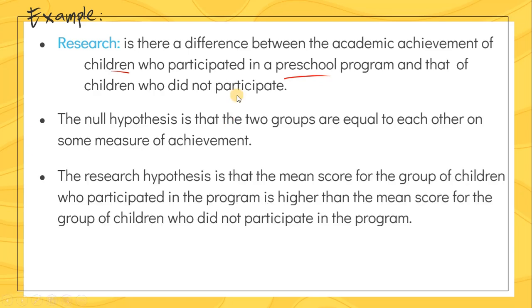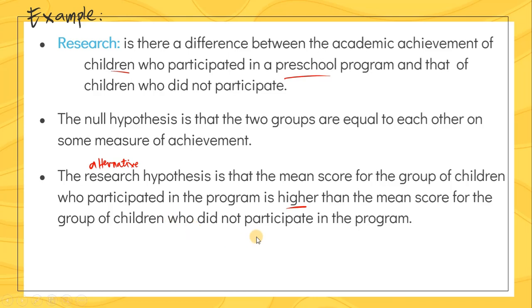So the research hypothesis, or the alternative hypothesis, is that the mean score of the group of children who participate in the program is higher than the mean score for the group of children who did not participate.